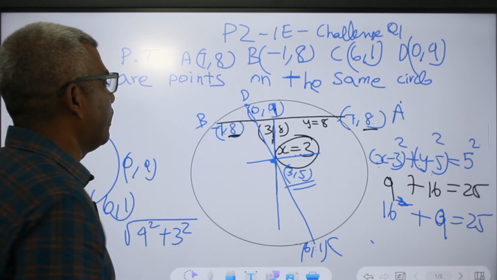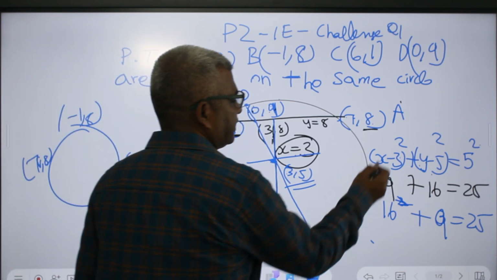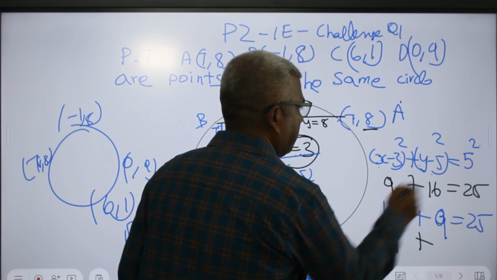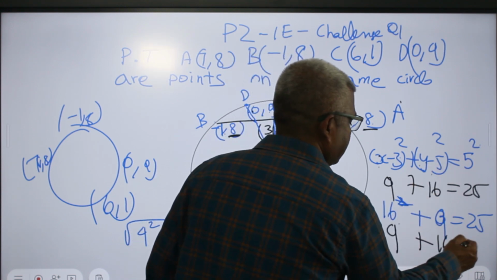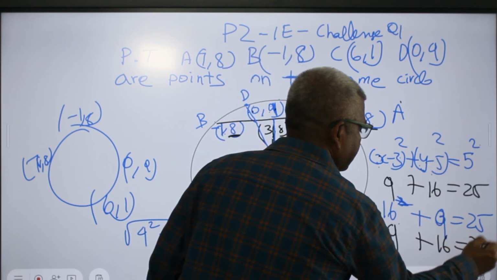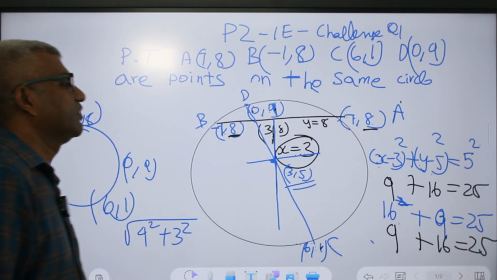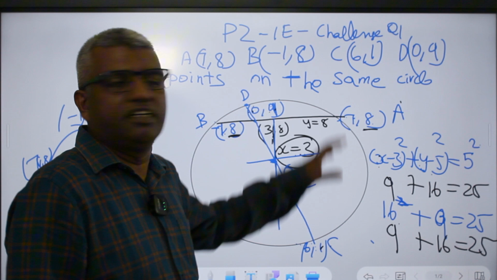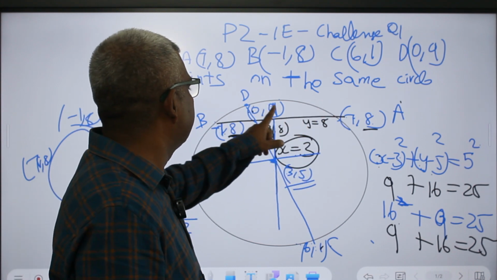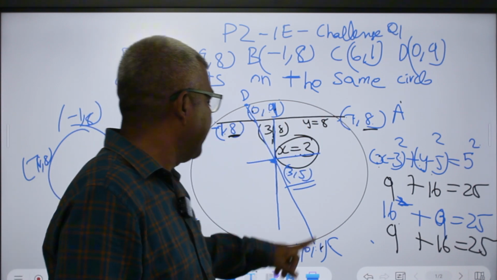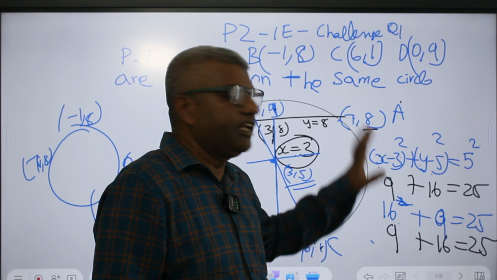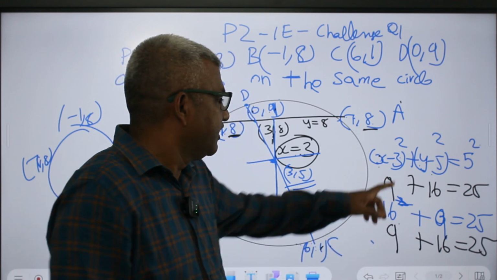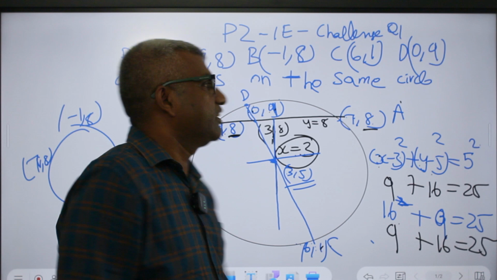Then (6,1). 6 minus 3 is 3, squared is 9. 1 minus 5 is minus 4, squared is 16. So it is 25. With the help of A, we found the equation, and we checked the points (0,9), (-1,8) and (6,1) in place of x and y respectively. We found the equation is balanced.